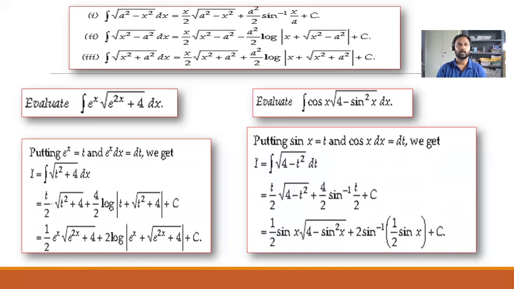Following the standard integral root of a square minus x square dx, which is x by 2 root of a square minus x square plus a square by 2 sine inverse x by a plus c, we get the answer half sine x root of 4 minus sine square x plus 2 sine inverse of half sine x plus c.